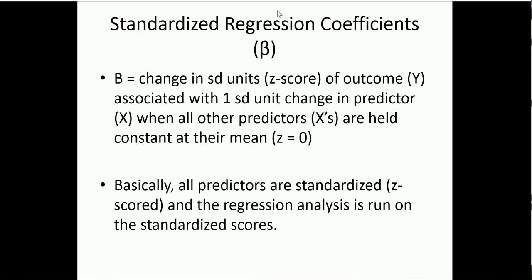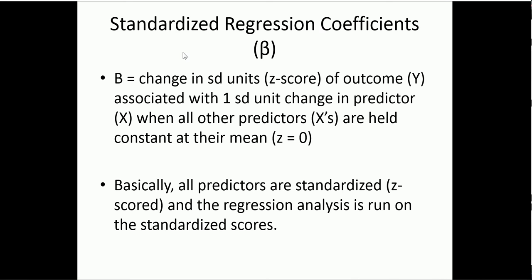So the regression coefficient is the change in standard deviation units, or z-score, of the outcome associated with a 1 standard deviation unit change in the predictor. It's basically interpreted similarly to the unstandardized regression coefficient. The major difference is now we've standardized everything, put everything into z-scores, so that each and every unit represents a standard deviation. So it's telling us how much the outcome would change in standard deviation units if a predictor changes 1 standard deviation unit.